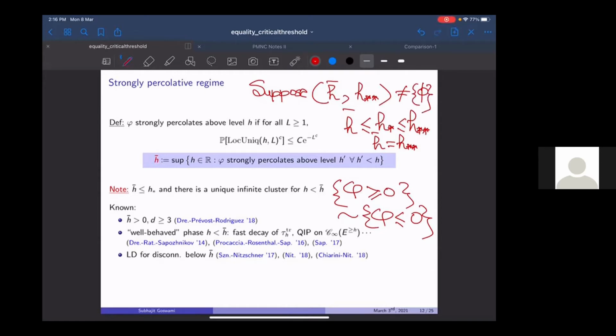Starting from that, we would like to arrive at some kind of contradictory statement. But in order to run this argument, we'd like to have some information about this fictitious regime.